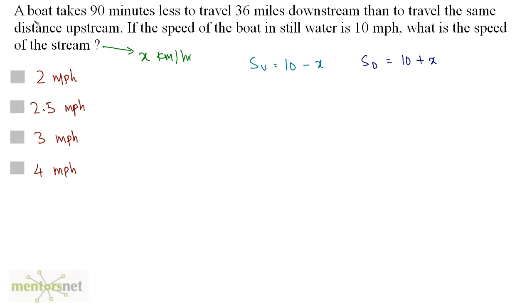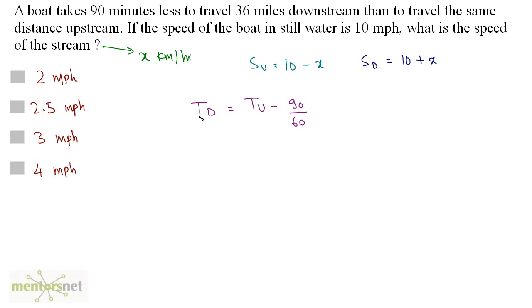Now it is said that the boat takes 90 minutes less to travel downstream than to travel the same distance upstream. So we have the time taken to travel downstream, TD, is equals to 90 minutes less than the time taken to travel upstream, TU. So TU minus 90 minutes. 90 minutes is actually 90 by 60 hours because we are taking everything in hours.